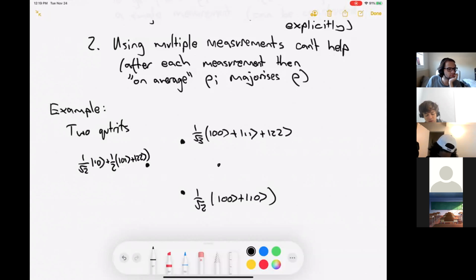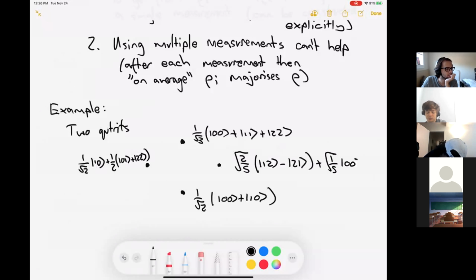And a final state, which I'll put over here, is going to be another kind of entangled, but not completely entangled state. Okay, so these are just some simple examples. There are obviously infinitely many states, but yeah, let's look at these.